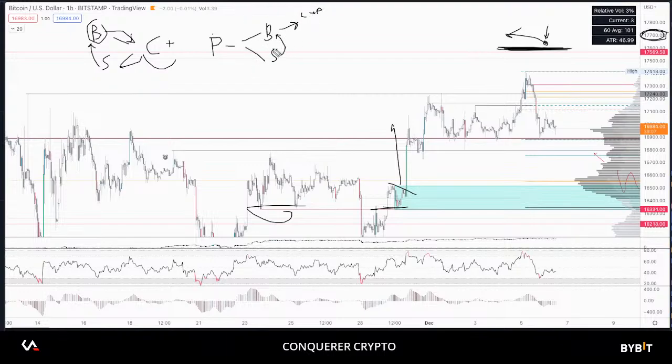But since this is the writer or seller of the contract, his downside is infinite. The biggest gain he can make is the premium he collects. This guy pays the premium to this guy, and that's all he makes. But the downside is limitless, basically. The more this guy makes, the more this guy loses.